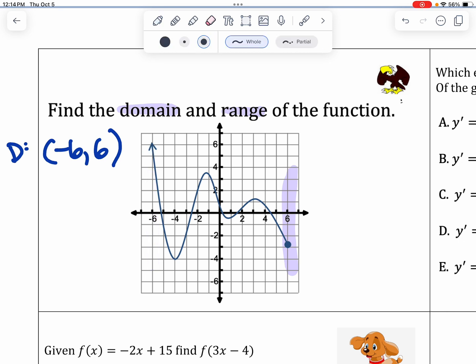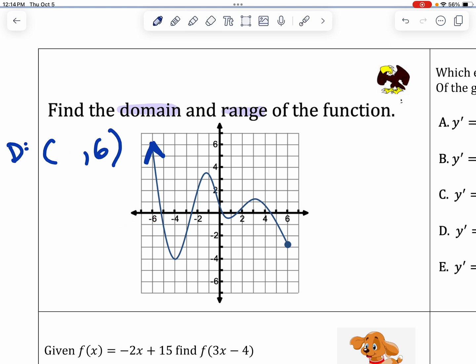But again, that arrow throws the whole thing off because that arrow tells us that it's going up, but as it's going up, that arrow is moving to the side and it's hitting numbers that are negative infinity, -7, -8. As this is going up, this x-axis is extending too, and it's extending in the negative time frame. So that's why the answer is -infinity to 6.